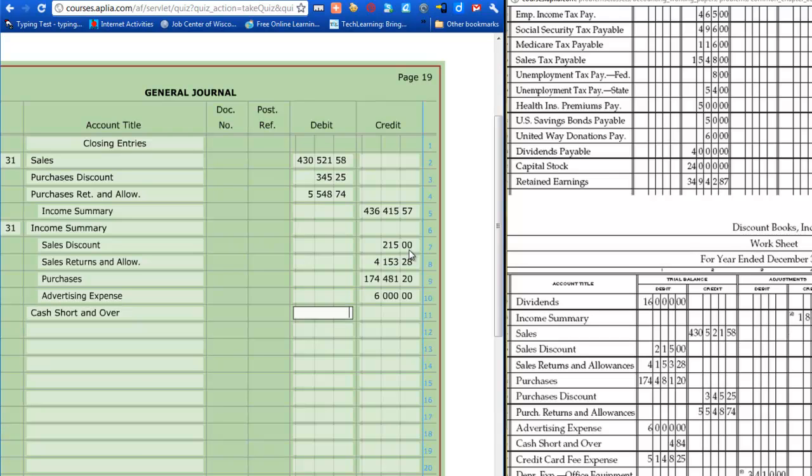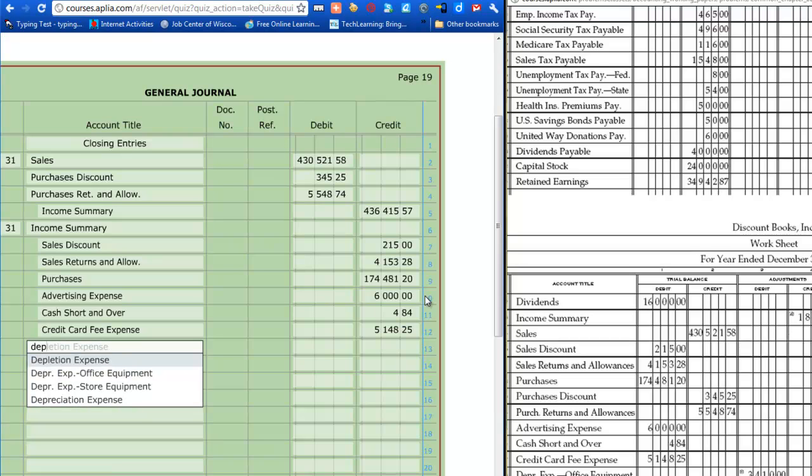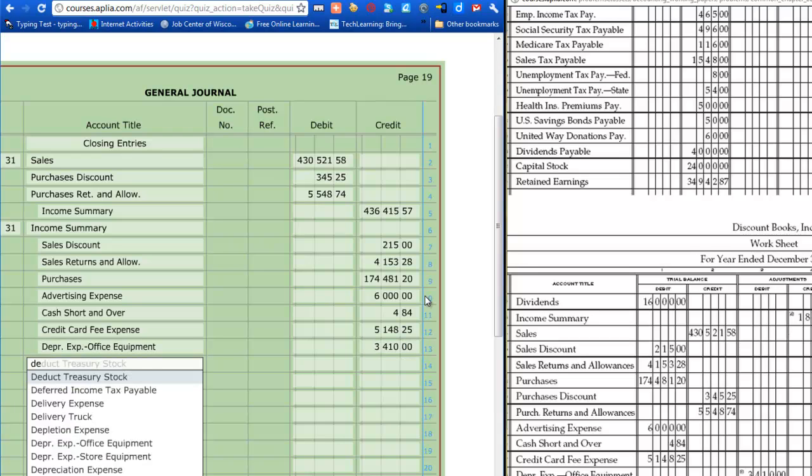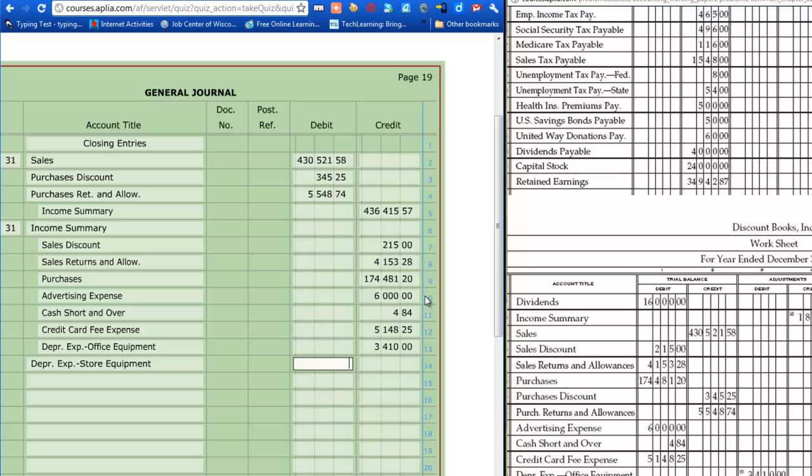Cash short and over, $4.84. Credit card fee for $5,148.25. Depreciation expense office equipment. Depreciation expense store equipment.